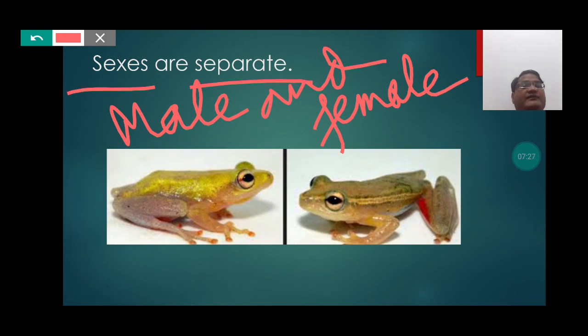It is found quite distinctly in the amphibians. So students, here if you concentrate, then you will be able to understand that there are presence of male and female frogs, which shows that the sexes are separate in the amphibians.